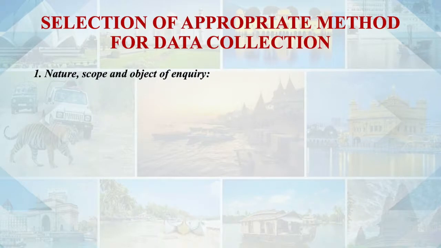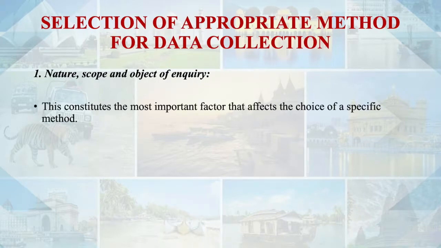Now there are several methods of data collection. How to choose the appropriate data collection method? The researcher must sensibly select the method for his own study, keeping in view some factors. One is the nature, scope and object of inquiry. That constitutes the most important factor that affects the choice of a specific method.